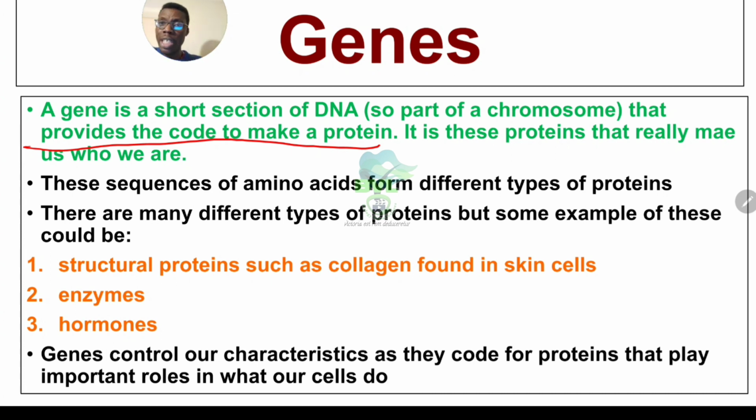The reason why that is correct is because amino acids come together to form protein, basically. Different proteins are available because when you rearrange the amino acids, you form different proteins. We have basic amino acids, but the way they are arranged is going to be different.